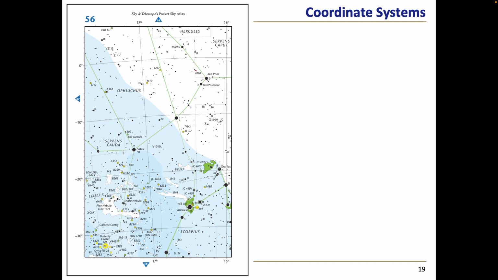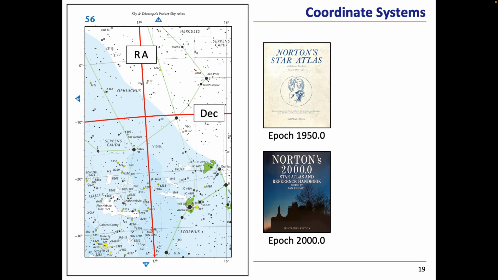So we look at a map like this and we say, well, it's easy enough to read off the coordinates of a star in right ascension and declination. But if you look at different atlases, for instance, the Norton's Atlas from 1950 and from 2000, these are not the publication dates. These are the epoch dates, the dates at which the star positions are defined on a particular grid. Why do they change?